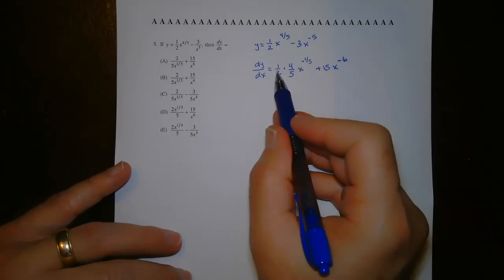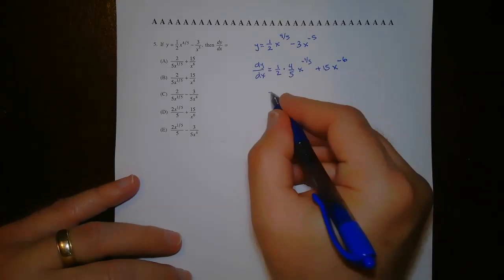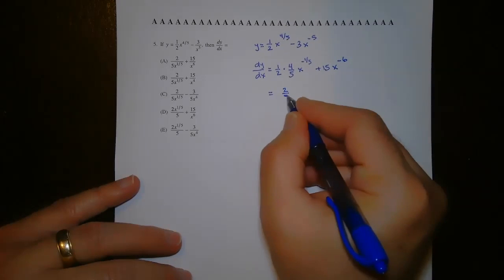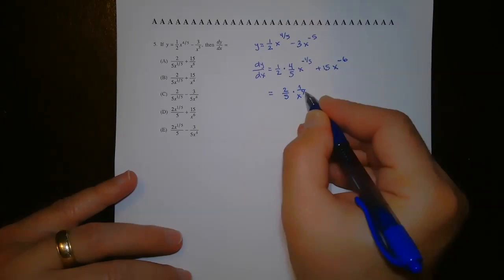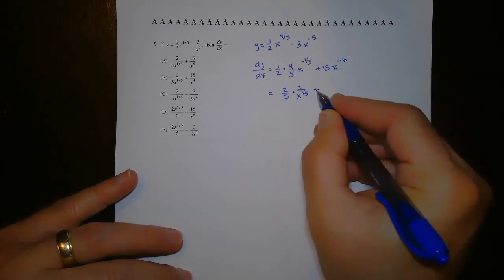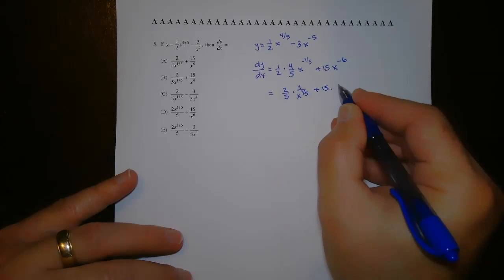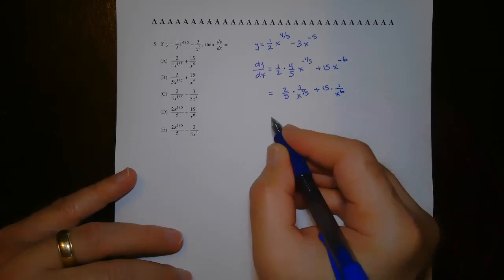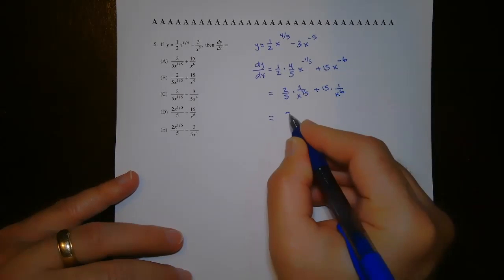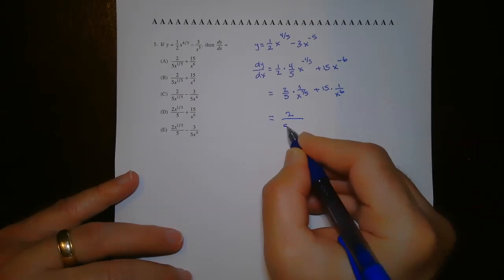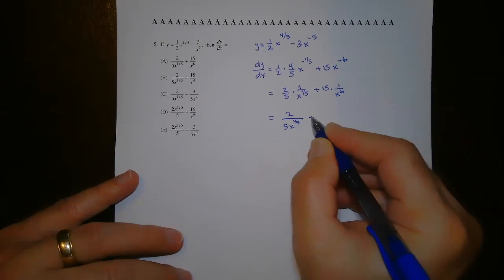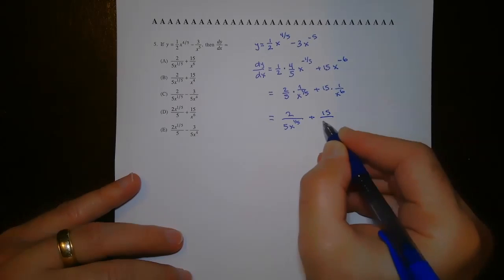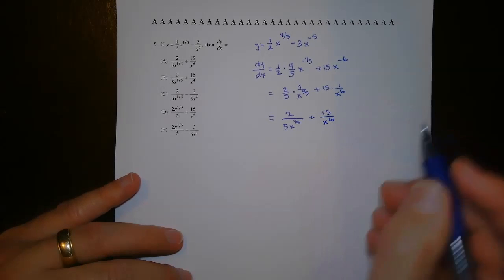Okay, so this would be half of 4/5, which is 2/5. And then times 1 over x to the 1/5 power plus 15 times 1 over x to the 6th power. So this becomes 2 over 5x to the 1/5 power plus 15 over x to the 6th power.